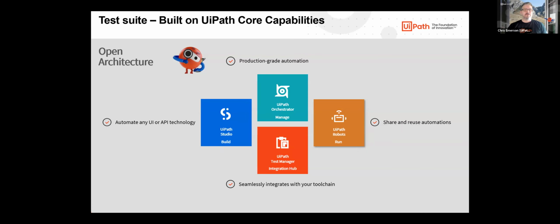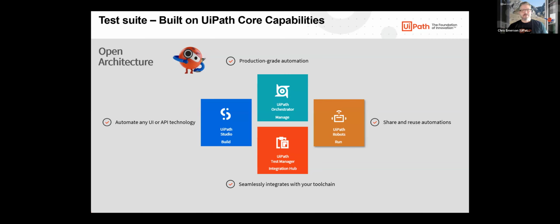Test Suite, for those of you that are not familiar with it, is made up of 4 components that are part of our platform. The component that is new to the mix here is the UiPath Test Manager. In addition to the UiPath Studio, which is used to build the automations for many different parts of the platform, across RPA and across capabilities for discovering opportunities for automation like process mining and document understanding, it also plays directly into building test cases.